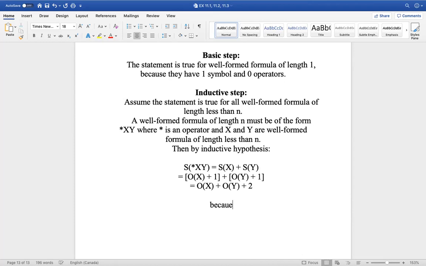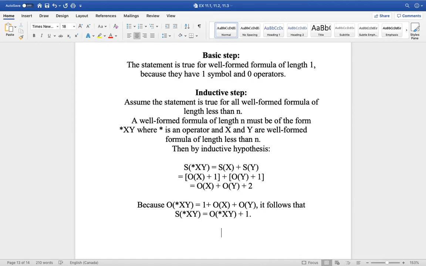Now, because O of multiply x y equals 1 plus O(x) plus O(y), it follows that S of multiply x y equals O of multiply x y plus 1.